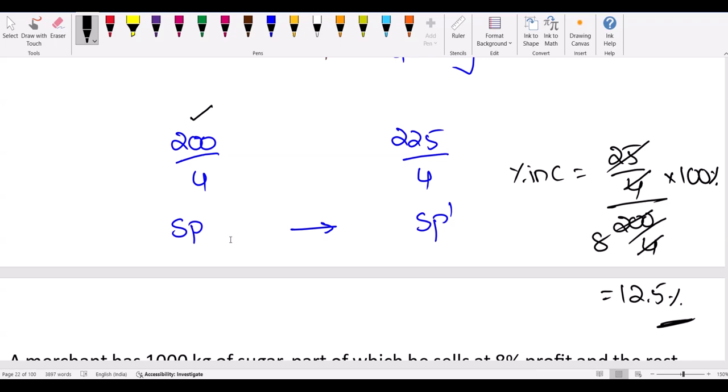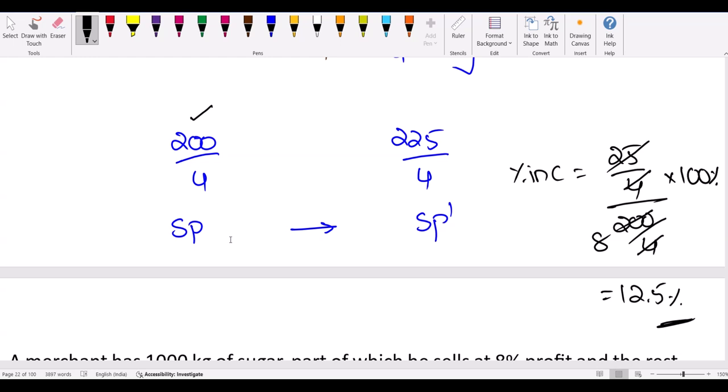If the selling price increased by 15%, what percentage should the cost price increase to maintain the same gain percentage? Selling price and cost price both should increase by the same. If the selling price increased by 15, the cost price also should be increased by 15%, then the same profit percentage will be maintained.